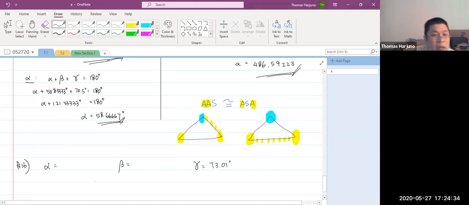And then side A is 17.31. And side C is 20.24.